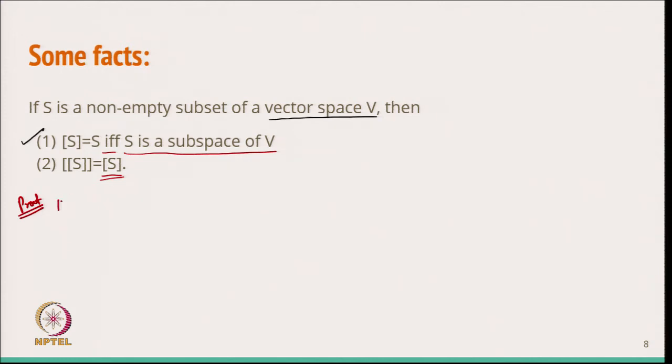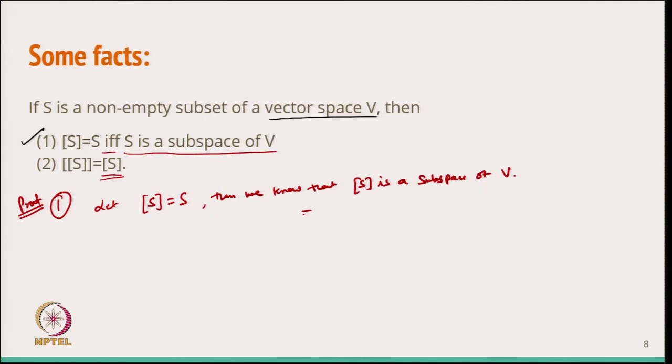So, first we want to prove this. Now, suppose we take that the span of S is equal to S. Then we know that this is a subspace of V, because just now we have discussed, and if it is a subspace equal to something, then it means that S is also a subspace.